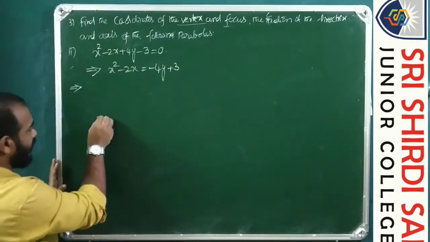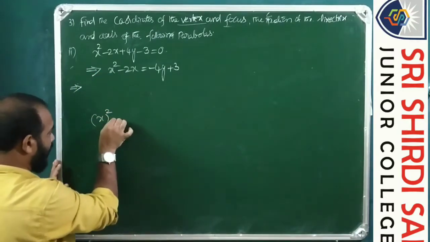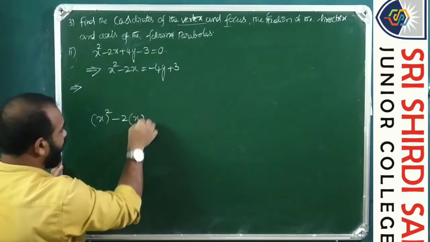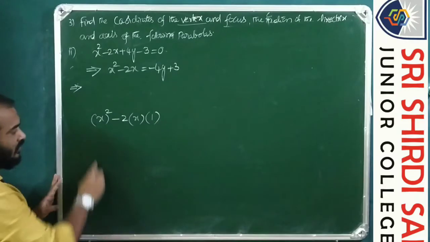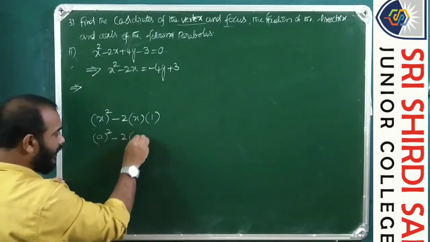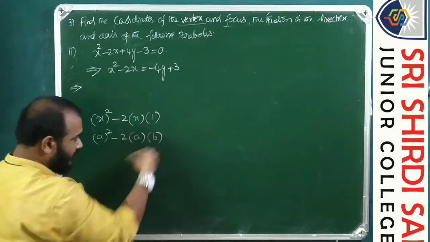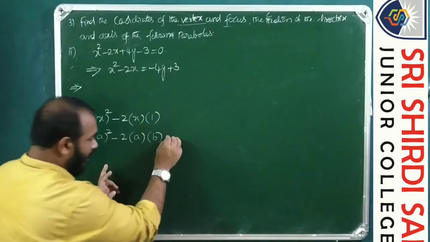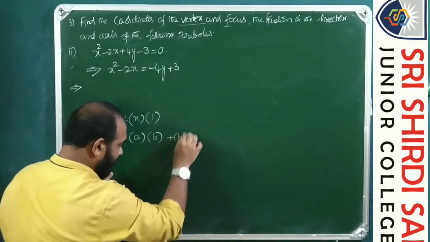So x square can be written as x whole square, minus 2 into x into 1, that is a square minus 2ab, where this is b.